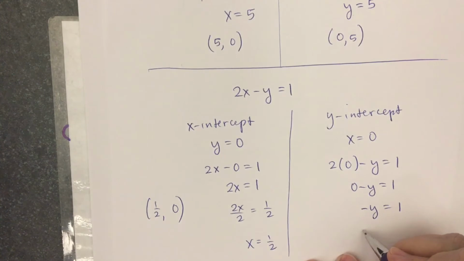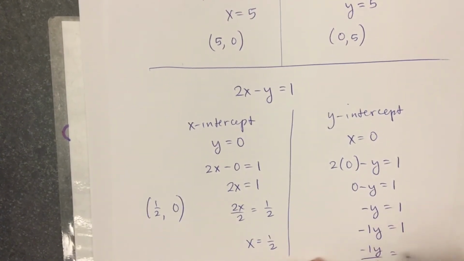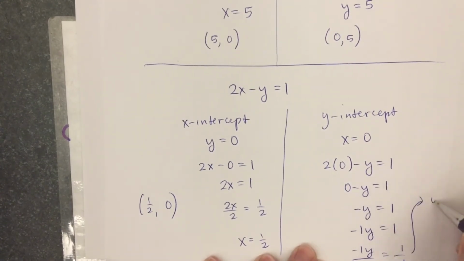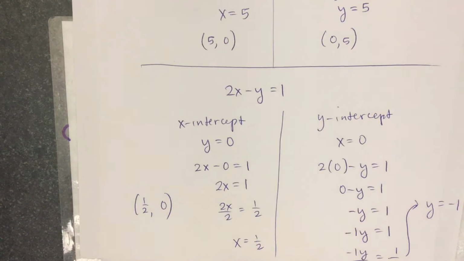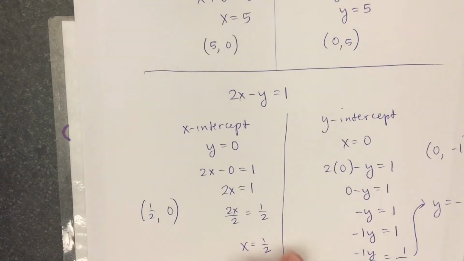By the way, negative y, that's the same as negative 1 times y. I can divide both sides by negative 1, and that gets rid of the negative in front of the y. And I'm going to get y equals negative 1. So the y-intercept, x is 0, y is negative 1.